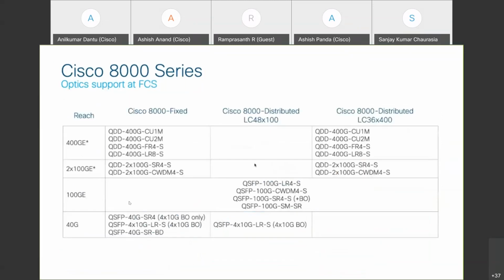This slide summarizes the different optic types that are available for the fixed systems and the distributed system for 400 gig, 2 by 200 gig, 100 gig and 40 gig. What are the different optic types, and what are the different breakouts that we support on each of the interfaces?